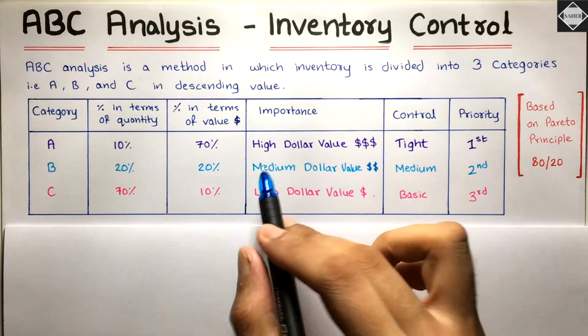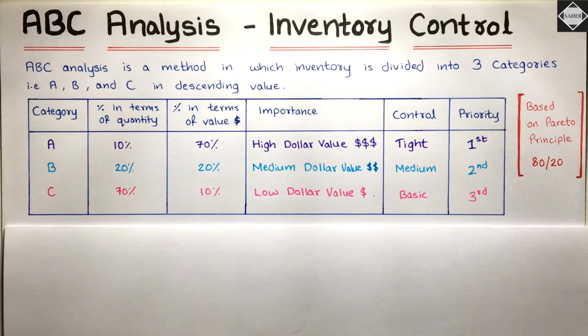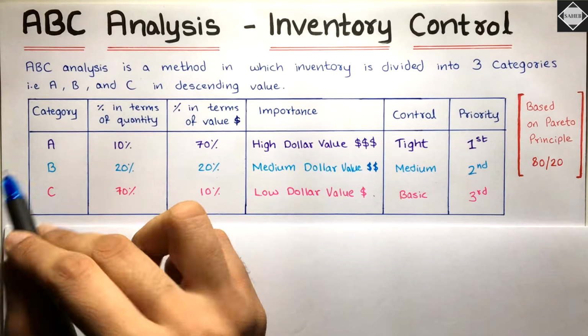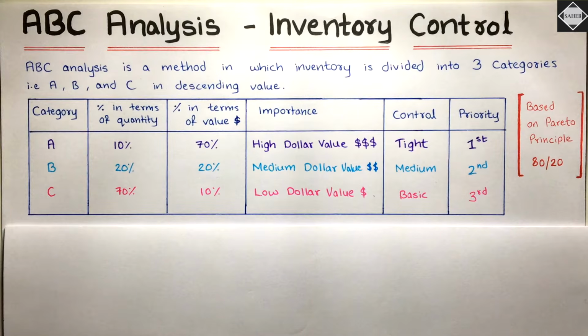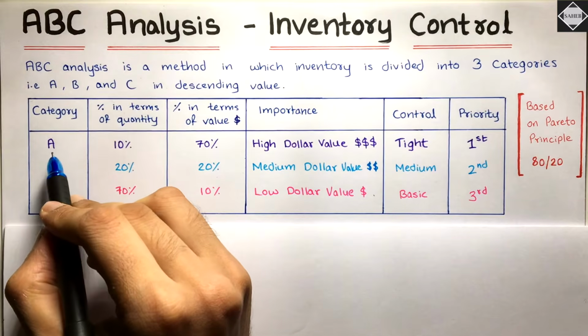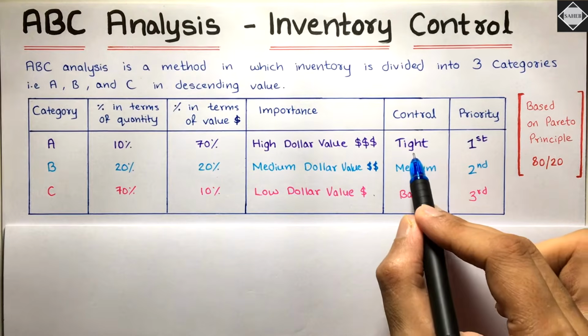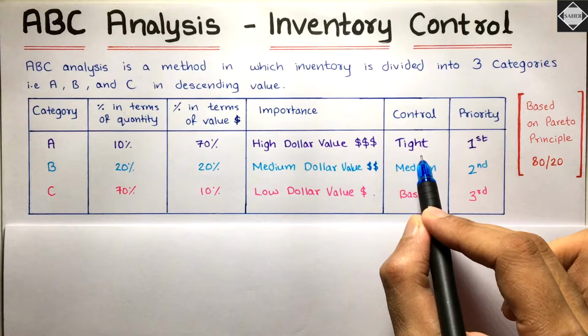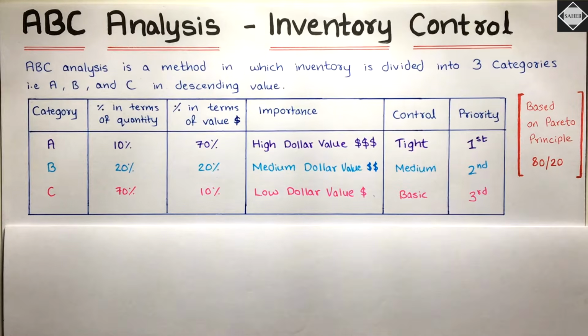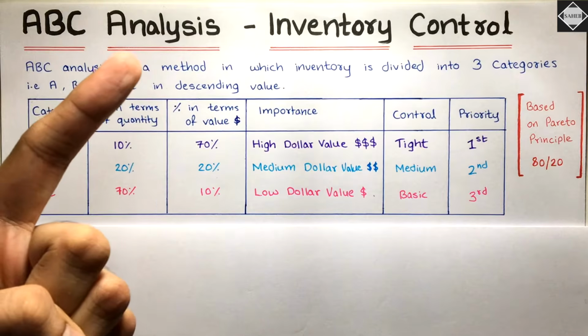Is it clear? So it is a high dollar value category. Which one? A category. So for the company, it is a very important category. They have to control this in a very strict way, in a very tight manner, isn't it? They have to set proper levels for this, isn't it?